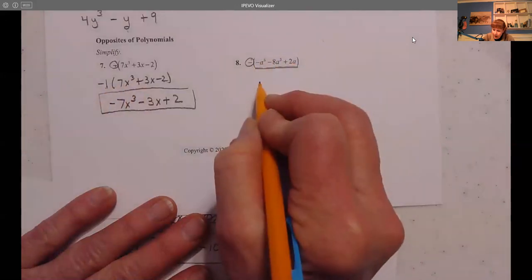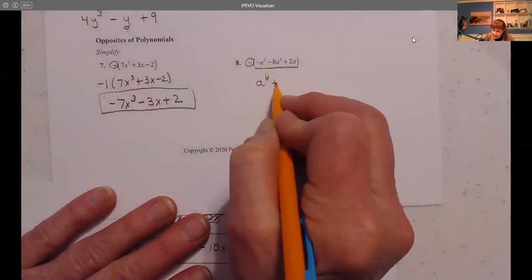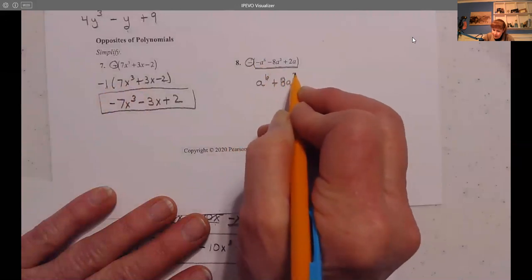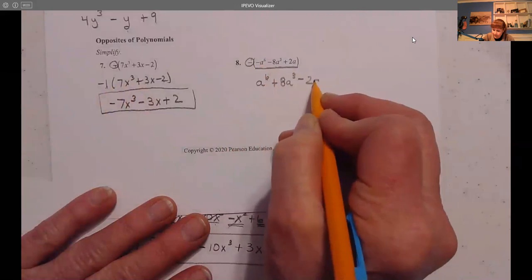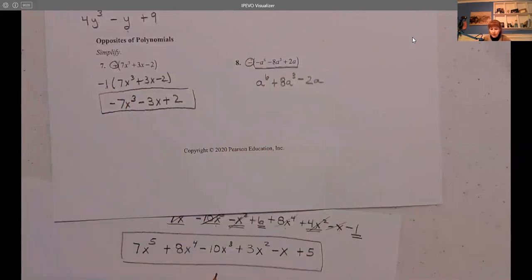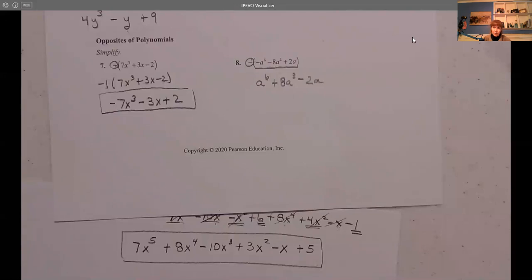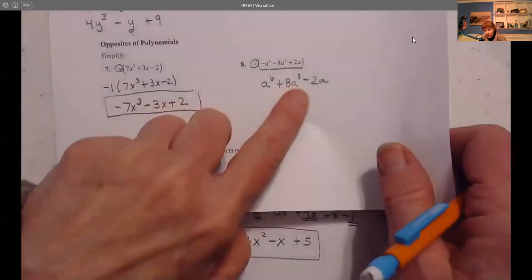So it'll become a positive a to the 6th, a positive 8a cubed, and a negative 2a. Now, when I do that, notice I drop the parentheses. So when you do take the opposite of what's inside, the parentheses are dropped. We're going to use this idea in subtraction. So that's all you do, just take the opposite and you're done.